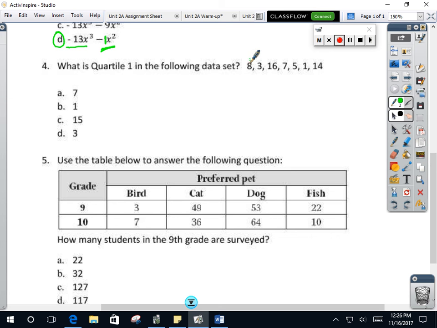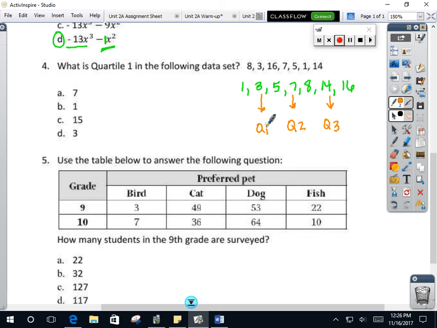The first thing you have to do is put it in order. So 1 would come first, 3 would come second, then 5, then 7, then 8. Right, and like Vanessa said, first you find your median of all the data. The middle of all the data is 7, which is your Q2. Q1 is the median of the lower half. Well, the middle of the lower half is 3. And then 14 would have been quartile 3.